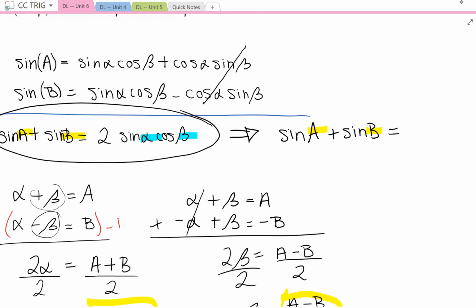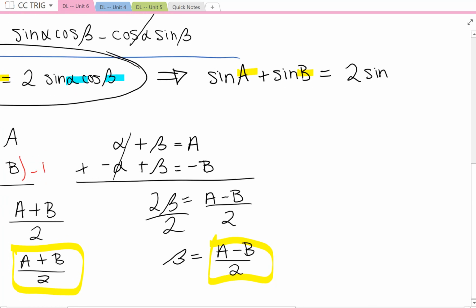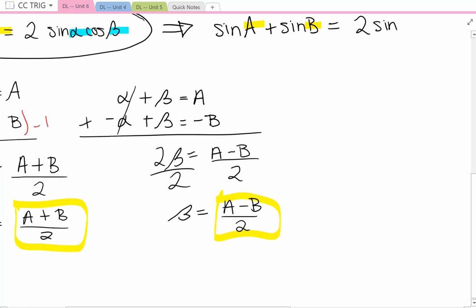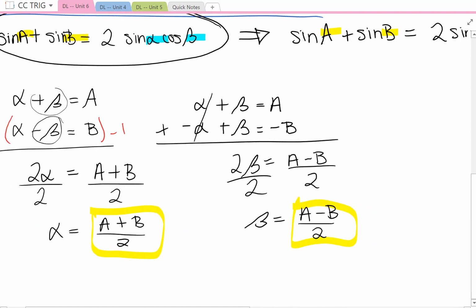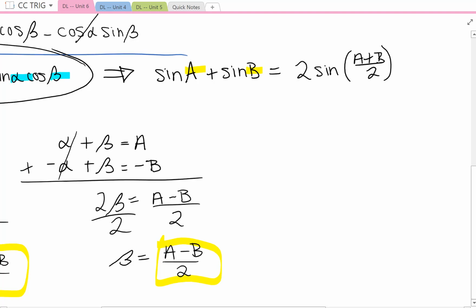Sine A plus sine B is equal to 2 times sine of alpha. So the argument of sine is alpha. We're going to plug in alpha, which is A plus B over 2. A plus B over 2.